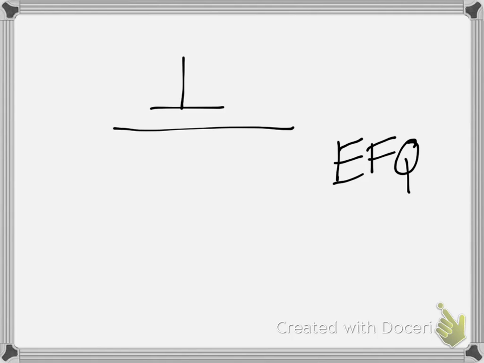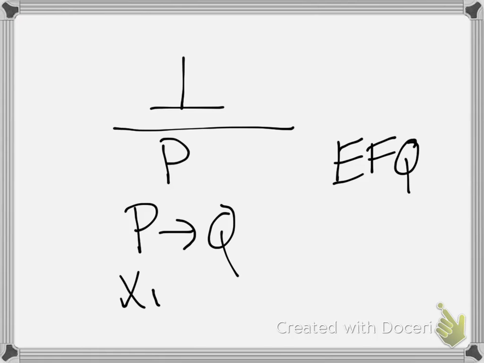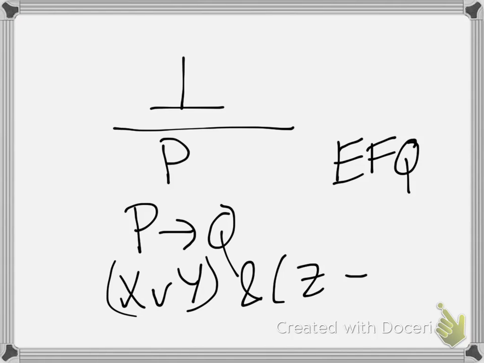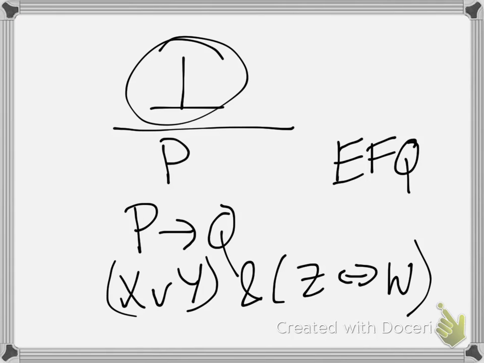So we could derive P, or we could derive P arrow Q, or we could derive X or Y, and Z if and only if W. We can derive anything we want from this falsum using the rule of EFQ. So it's a pretty nifty rule when we have inconsistent premises. We can just very quickly jump to whatever it is that we're trying to prove.